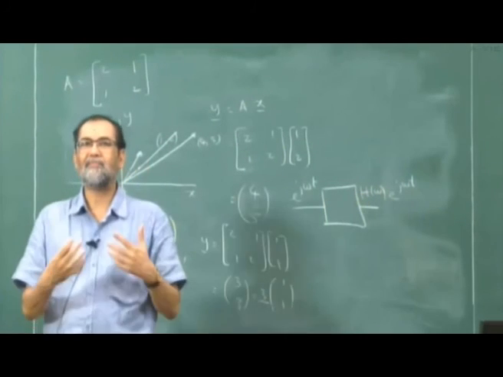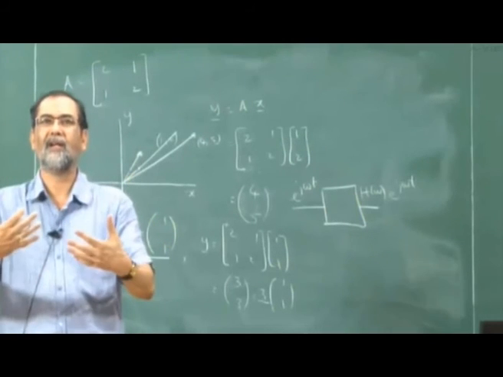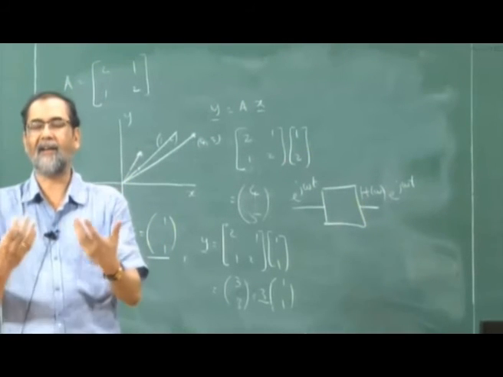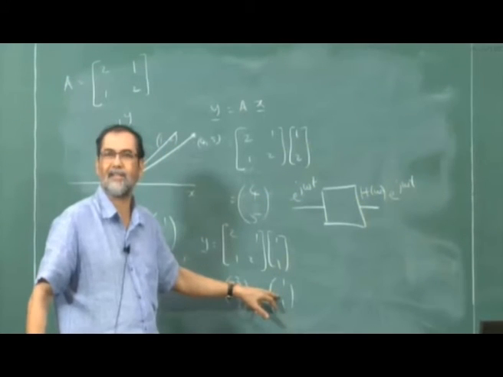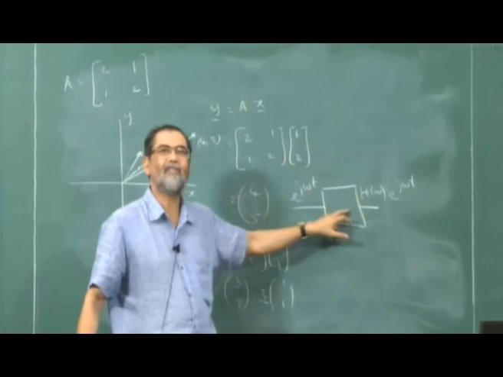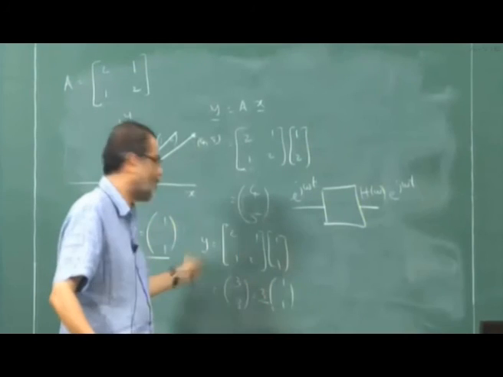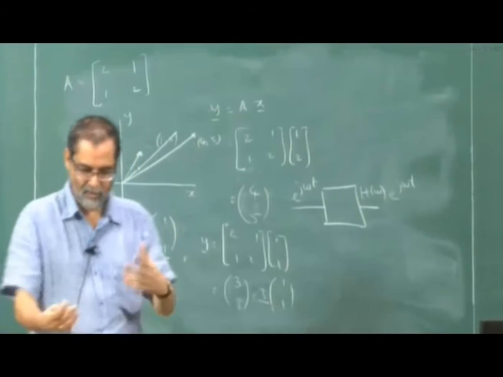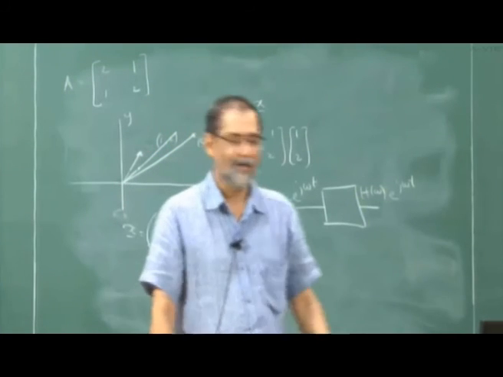So there is an isomorphism between eigenfunctions and eigenvectors. E to the power j omega t are like eigenvectors of a matrix. These are eigenfunctions of an LTI system, because the same thing comes out. 1 1 comes out here. So it's based on that we have this idea called eigenfunctions.